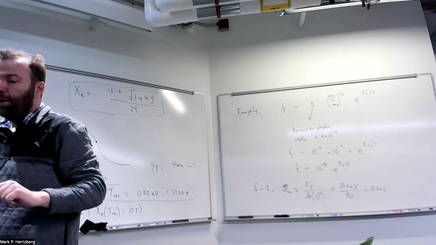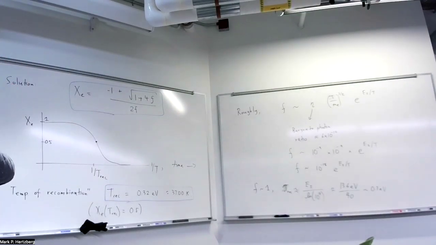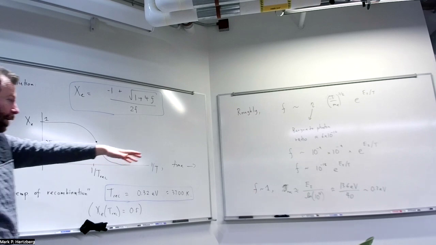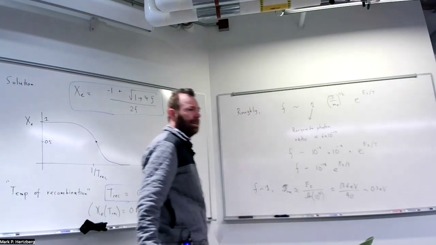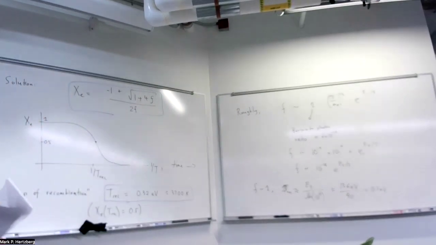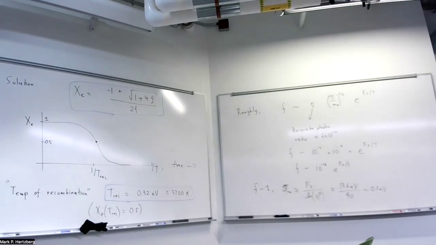Even when your temperature is 13.6 eV or even half that, there are still so many photons available that can dissociate hydrogen and take it back to being ionized. So you have to wait till you're at even lower and lower temperatures. And so it ends up being that you have to drop by another factor of 40 in temperature down to 0.3 eV. So a slightly colder temperature than you would have expected.